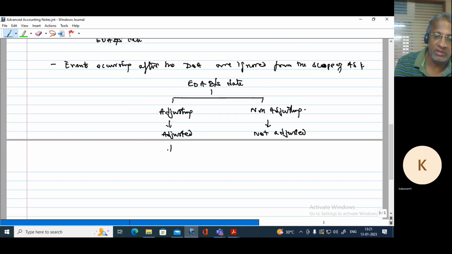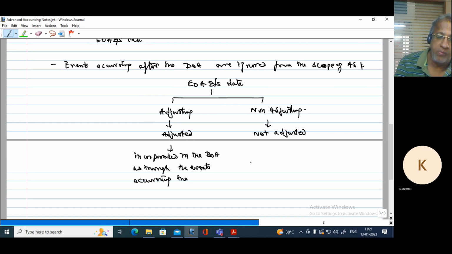Adjusted would mean will be incorporated in the books of accounts as though the events occurred in the financial year itself.